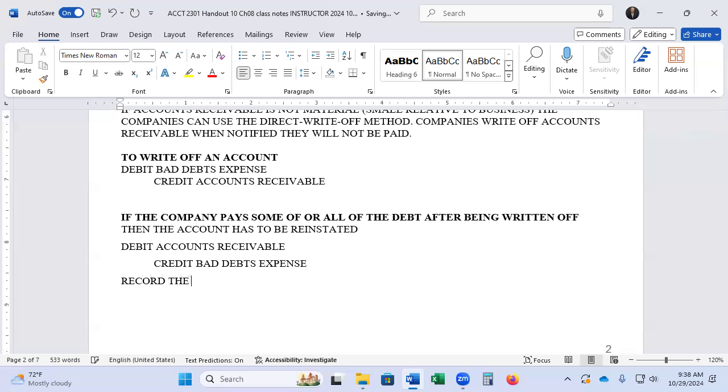And then to record the payment, debit cash, and then credit accounts receivable. Sometimes in bankruptcy settlements, you'll have customers that come back and are able to pay some of it. And so you would record it like that.